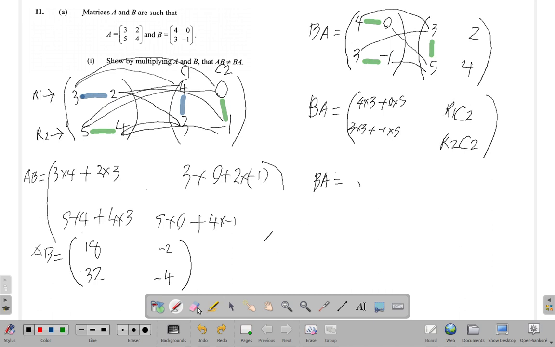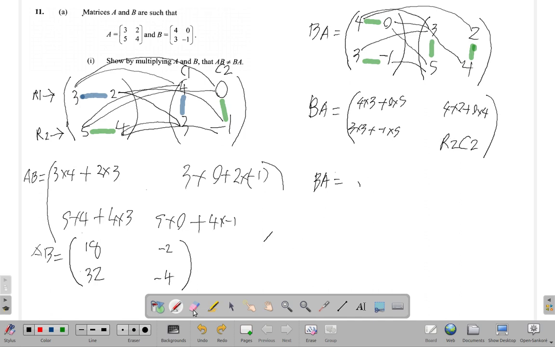Now here, row 1, column 2. This row 1 by column 2. First elements 4 and 2, so it's 4 times 2 plus second elements. Second element in row 1, 0 times the second element in column 2, 4. 0 by 4. Good.